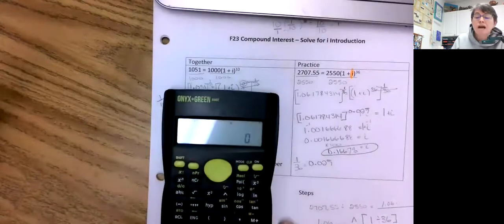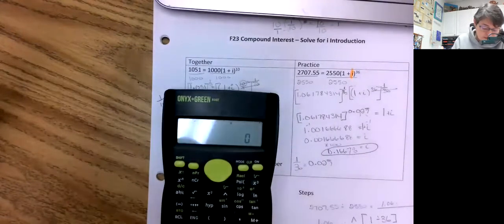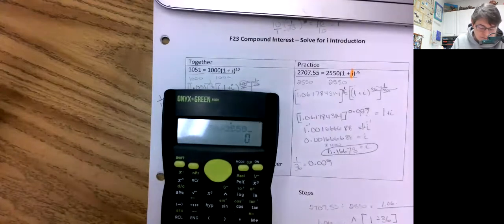I'm just trying to figure out how not to write down so much stuff. 2707.55 divided by 2550. Boom.